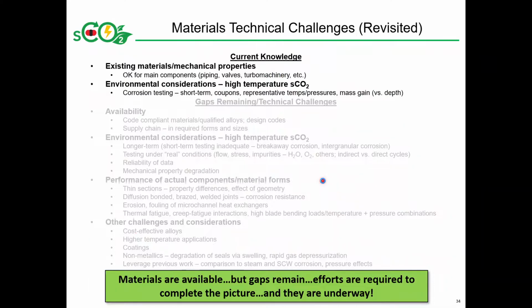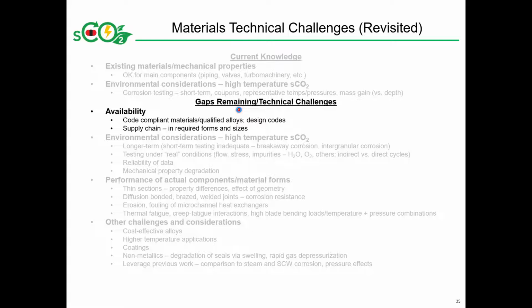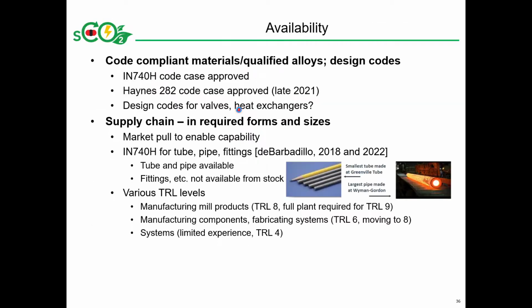So if we revisit the materials technical challenges and this box here, efforts are required to complete the picture and they are underway. Now we'll look at these other gaps and remaining technical challenges for the rest of the presentation. In terms of availability, having code-compliant materials and design codes and having the supply chain ready to go, I think we're in better and better shape there.